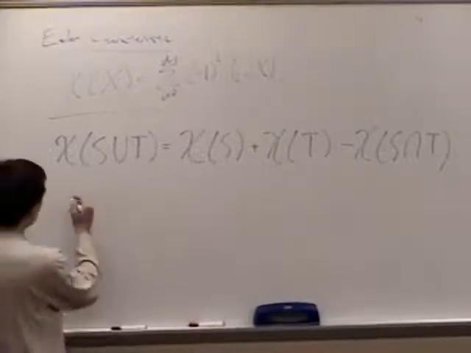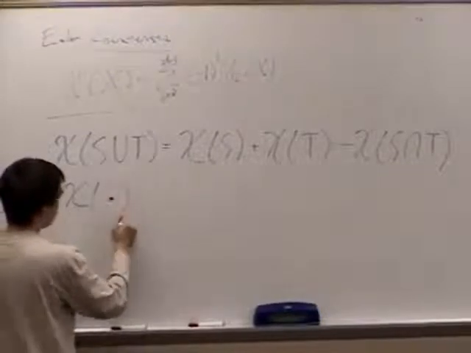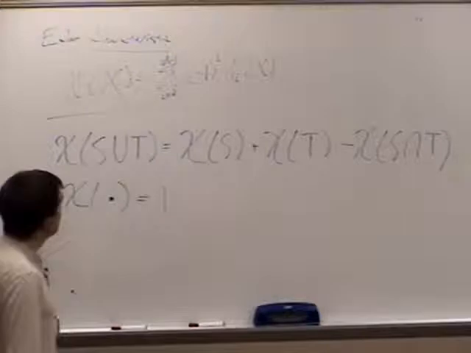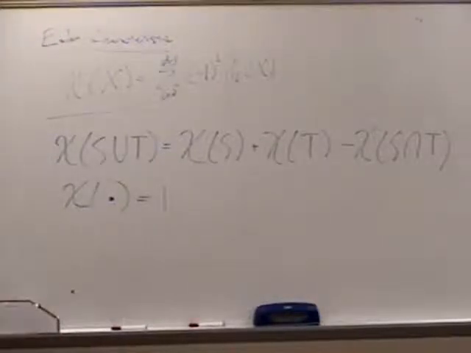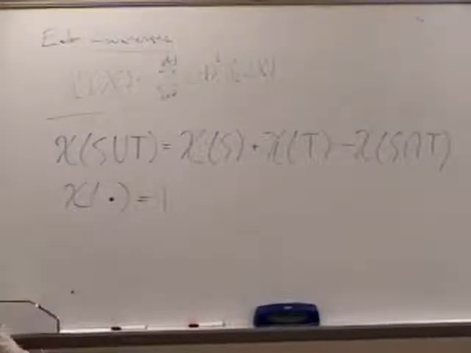And actually, another trivial property here is that if you take the Euler characteristic of a point, you get 1. And it actually turns out that this property, and the homotopy invariance, are sufficient to completely determine the Euler characteristic. So we counted it in this way, but you can actually derive it in another way.